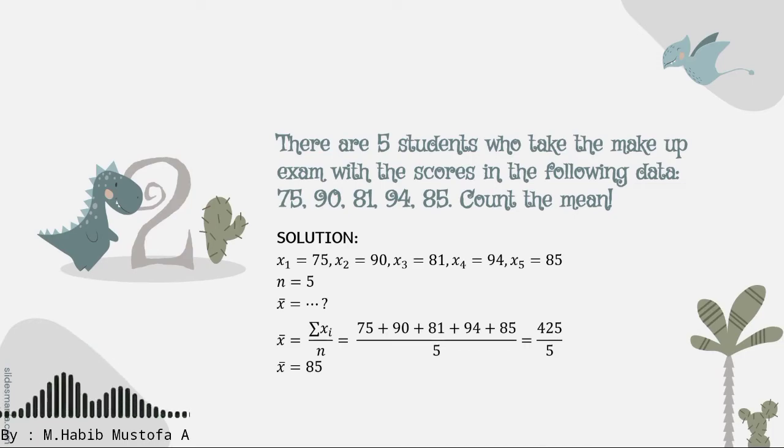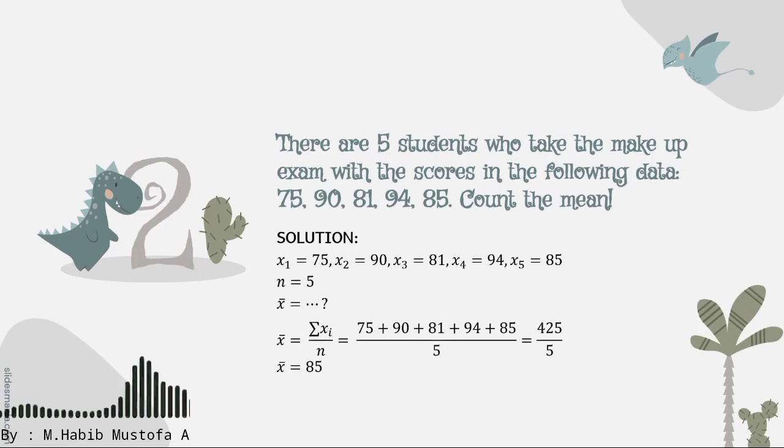How to find the value of sigma xi? Like in the first question, sigma xi is the sum of x. So it is 75 plus 90 plus 81 plus 94 plus 85. Sigma xi is equal to 425.